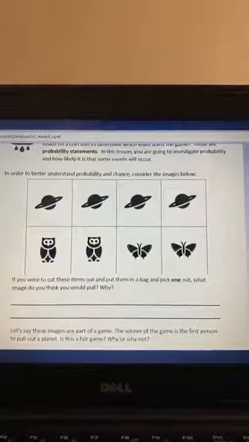Which one do you think you would pull out and why? So give me your answer and a quick reason. A short phrase. Okay? One sentence.